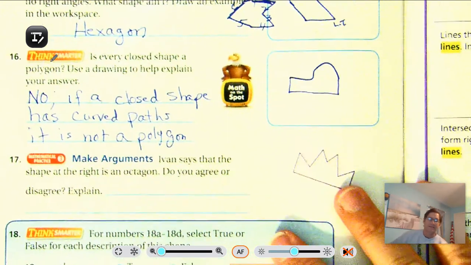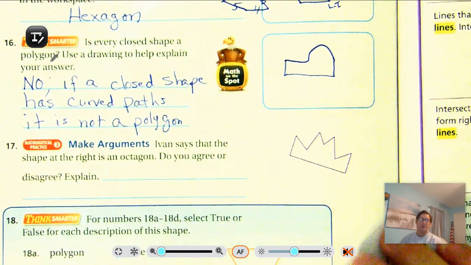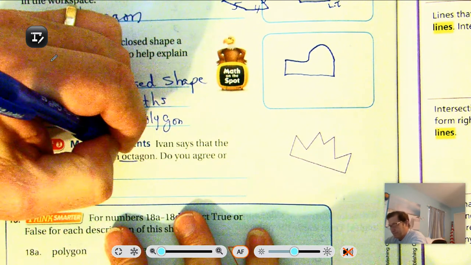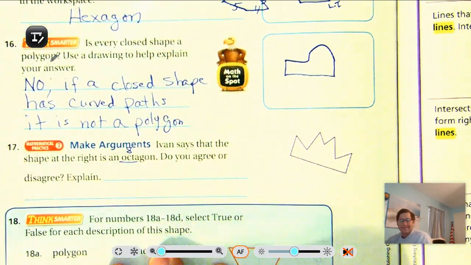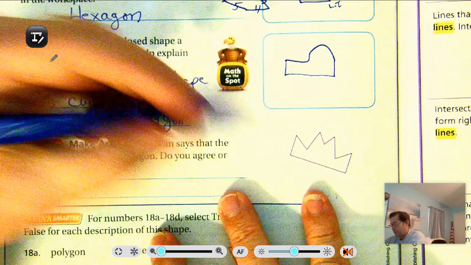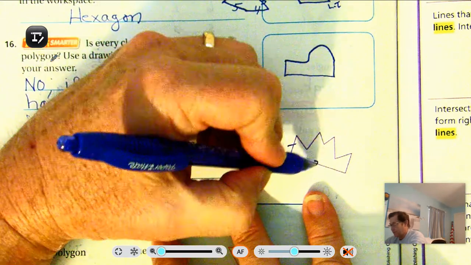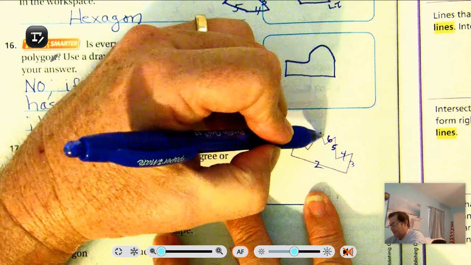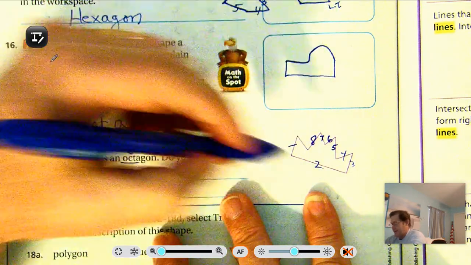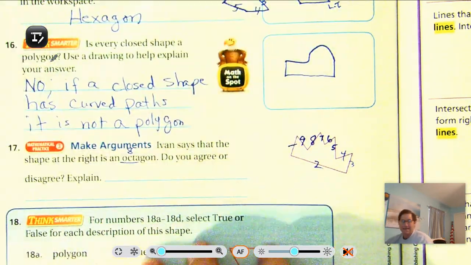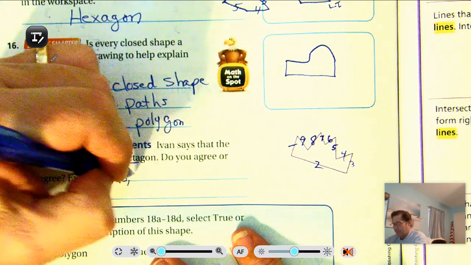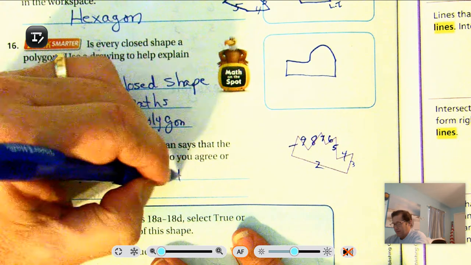Okay, 17. Ivan says that the shape at the right is an octagon. Do you agree? Well, octa means 8, so 8 sides. Well, I'm going to put numbers on it to see. 1, 2, 3, 4, 5, 6, 7, 8, 9 sides. So no, I don't agree.